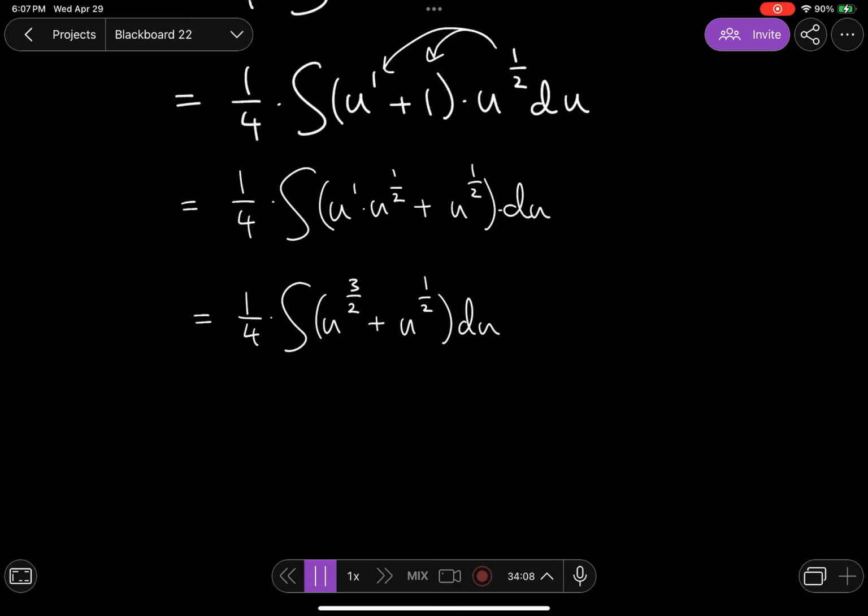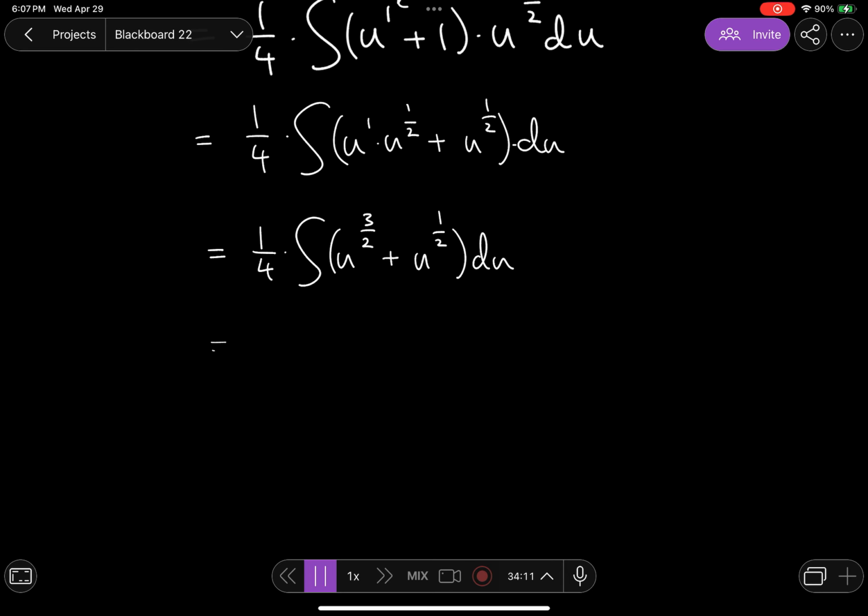du. And to make things go a little bit faster here, I'm going to use that anti-power rule a little bit faster. Here's how I do it. What I do is I start by adding 1 to this exponent right here. So that's going to be u to the 5/2. And then I simply multiply by what is going to cancel this out when I bring it down via the power rule.